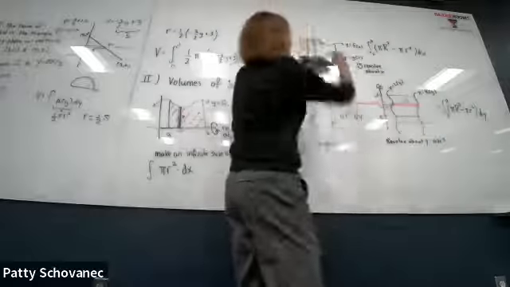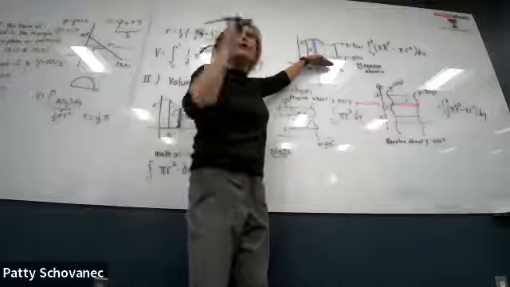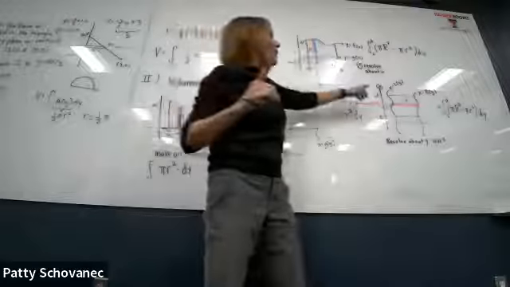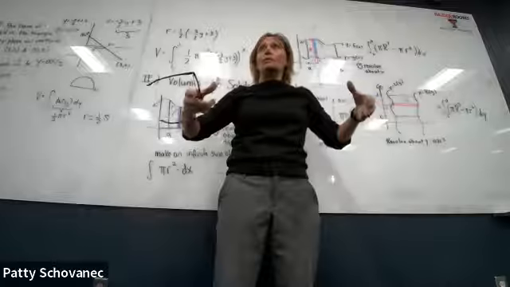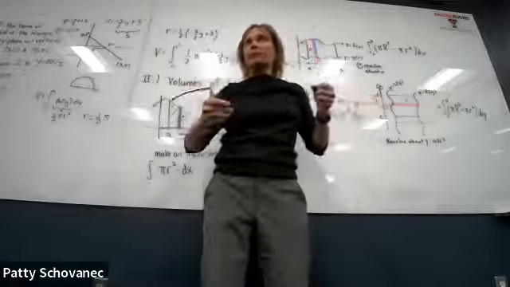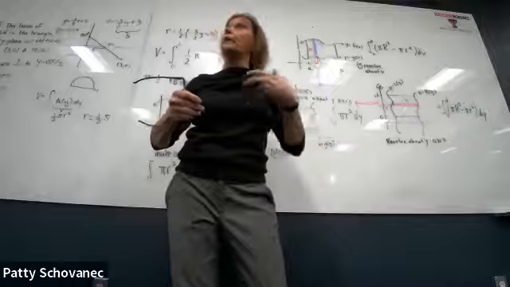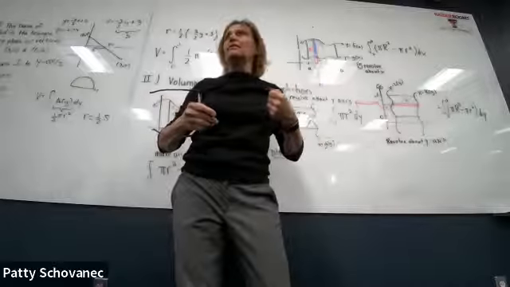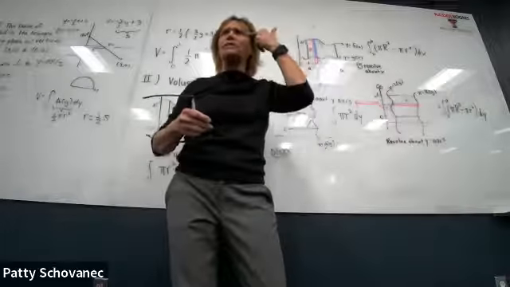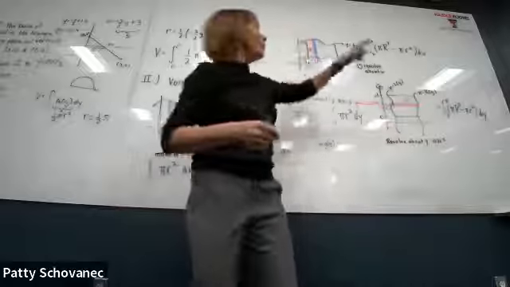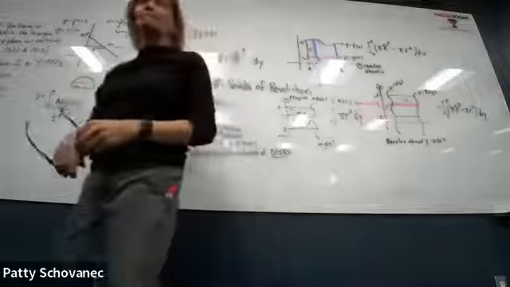In those cases, you'll always get either a solid disk or a washer. We can also do the same types of things with partition regions parallel to the axis of revolution, and we'll get a different shape. So perpendicular partitions give you a disk or a washer, pi r squared dx or dy.